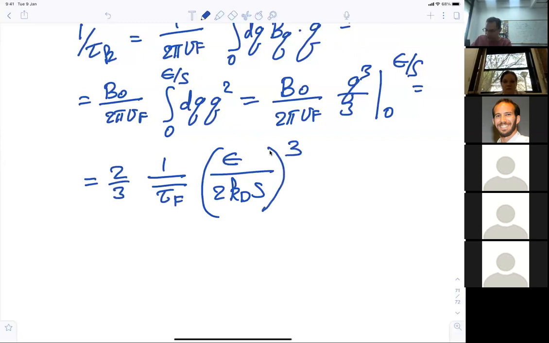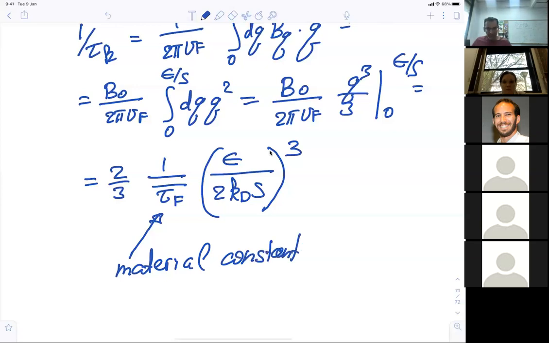So this is again a material constant, but now we got a function that explicitly depends on the energy. So we got the result that scales as energy to the power cube.